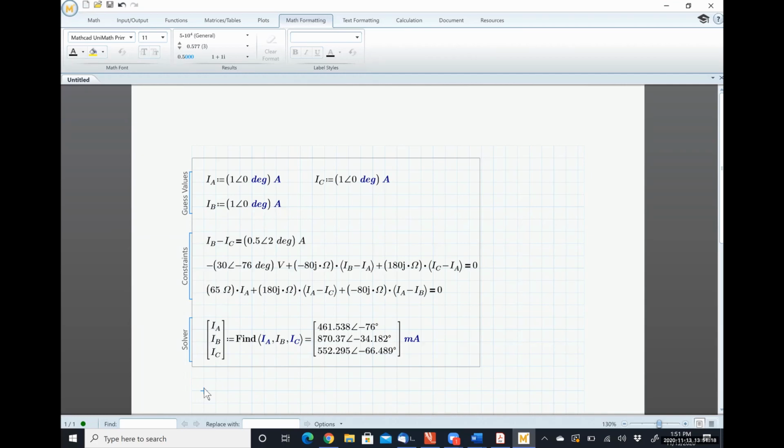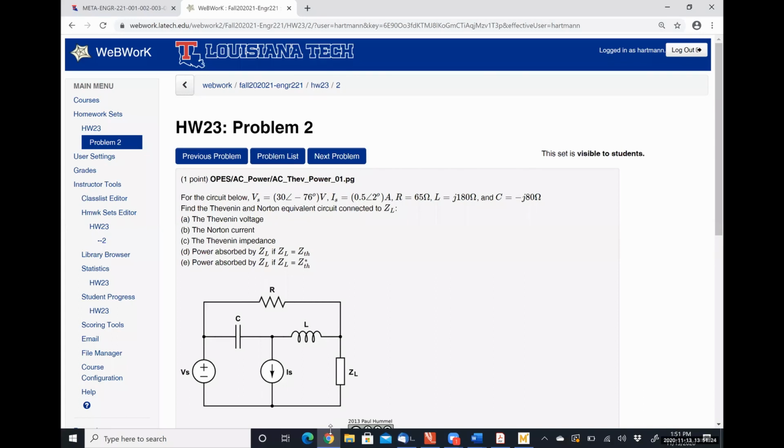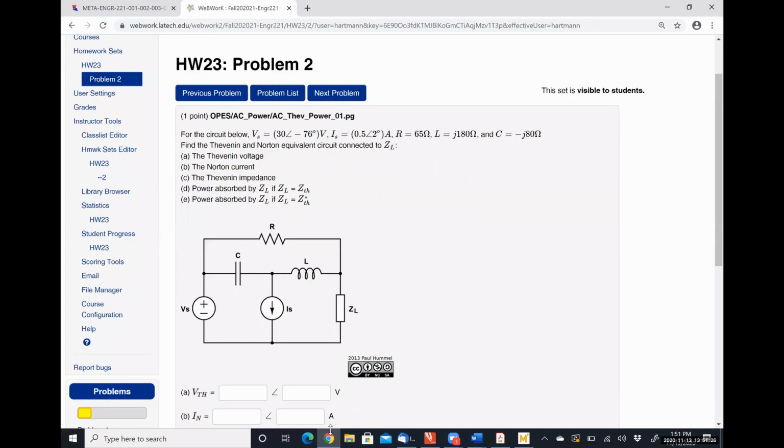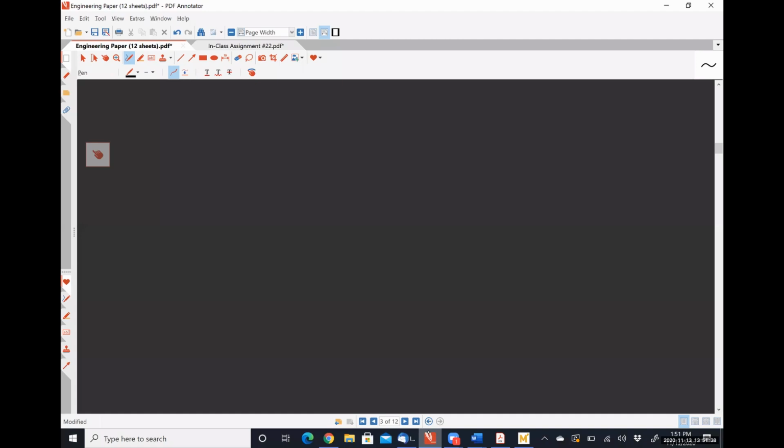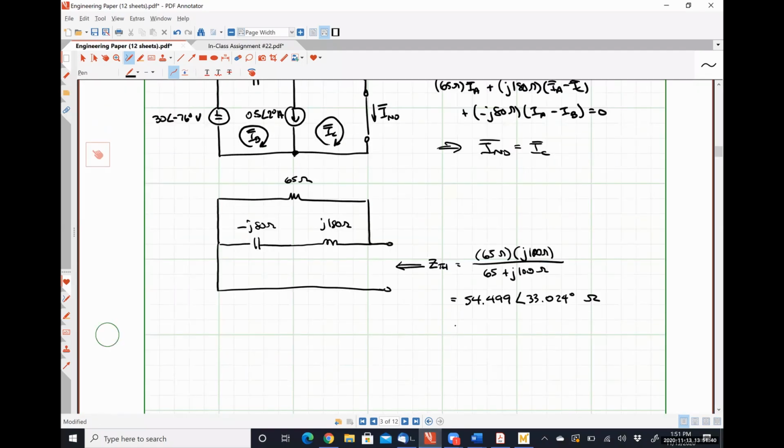While I am at it, let me pop back over to WebWork to see what we're looking for here. So we want the Thevenin voltage, the Norton current, and the Thevenin impedance. The Thevenin impedance, we calculated a minute ago. So let's circle back around to that. All right, so that's what we had, but it wants it in rectangular.